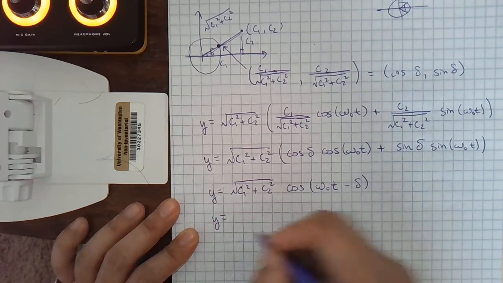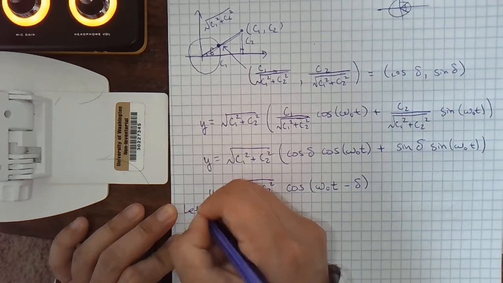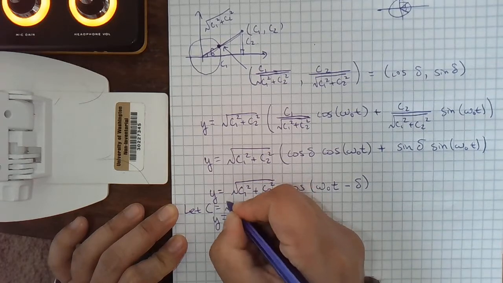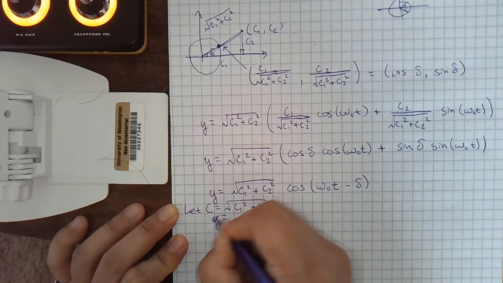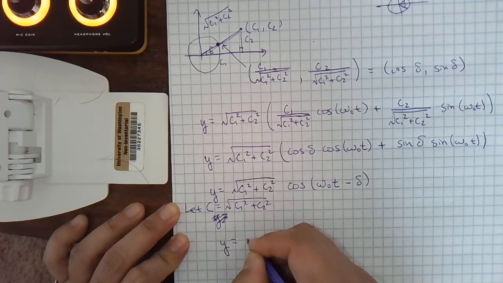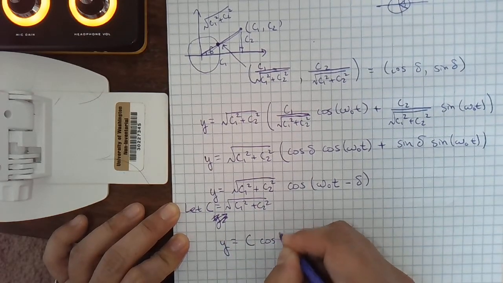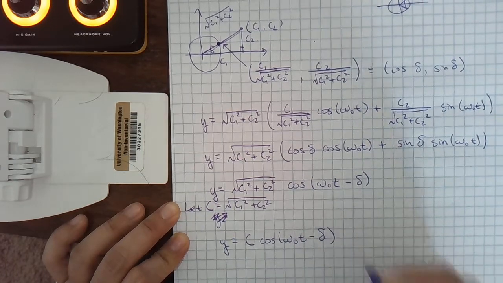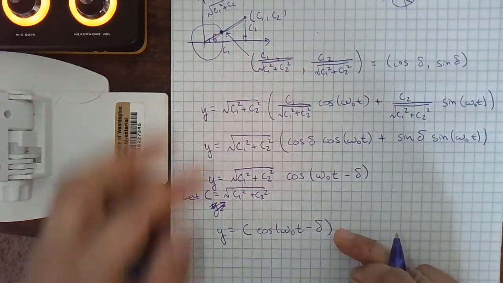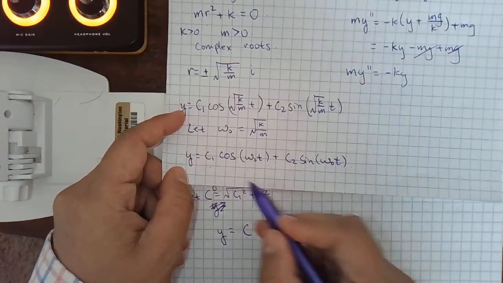So maybe we'll let C, which I haven't used by itself yet, equal the root of C1 squared plus C2 squared. So y equals C times cosine of omega naught t minus delta. This one's easier to graph. This one's easier to solve for constants.